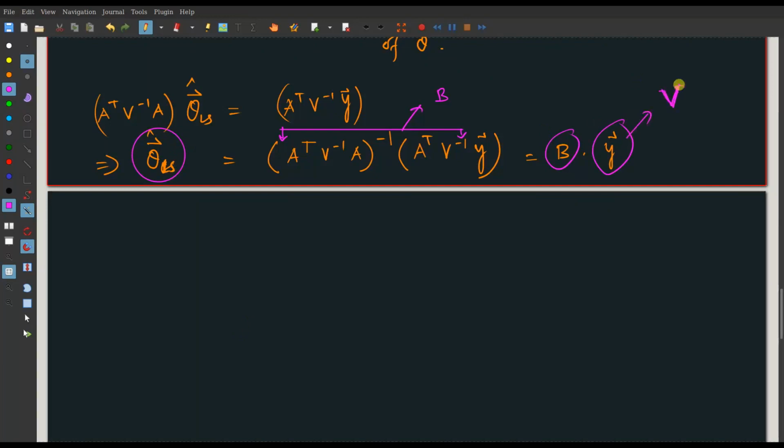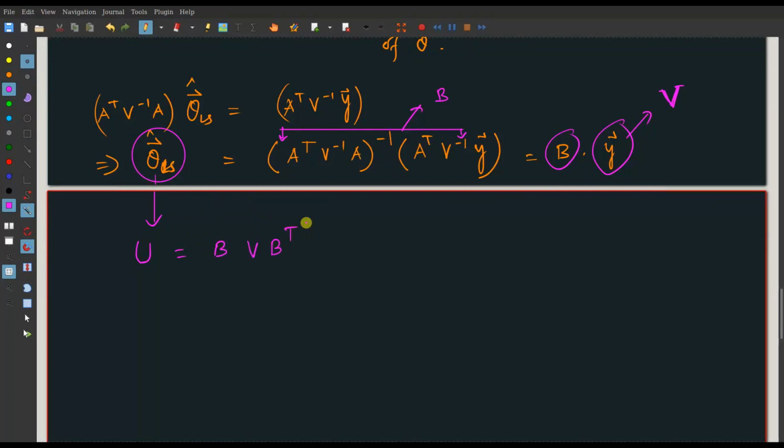The covariance matrix in terms of Y is the covariance matrix that you use to construct chi-square in the first place. Then the covariance matrix in this basis, this theta hat ls, which I call U, should be related to the covariance matrix in the Y basis V by a similarity transformation. It is B V B transpose.